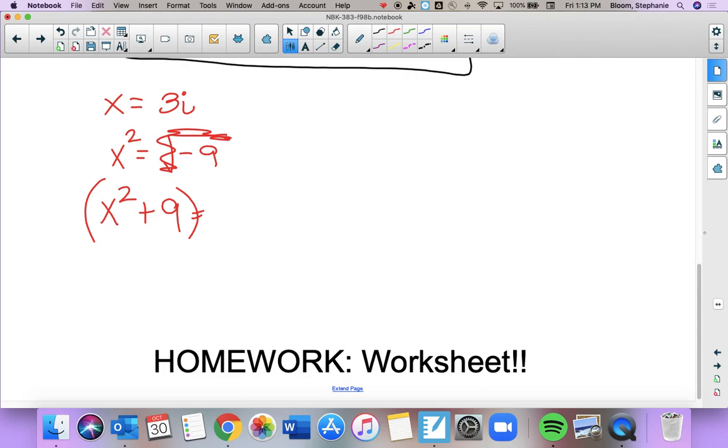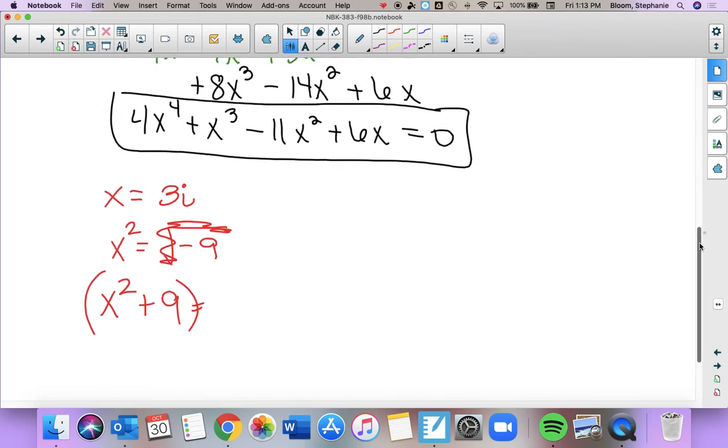Now, if you are confused about how to do that, then here's what you could have done. What does it say those roots were? 3i, what else? What are the other ones? And 4/3? Okay. If it's hard for you to think backwards, then you can always just do x minus the root.